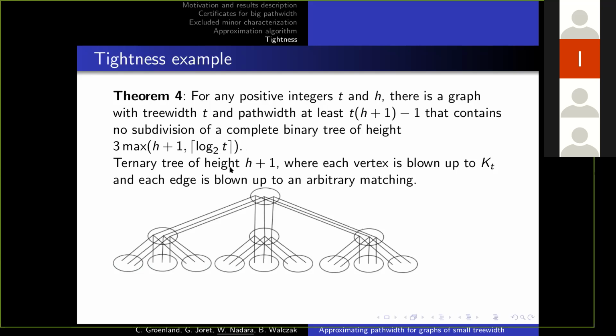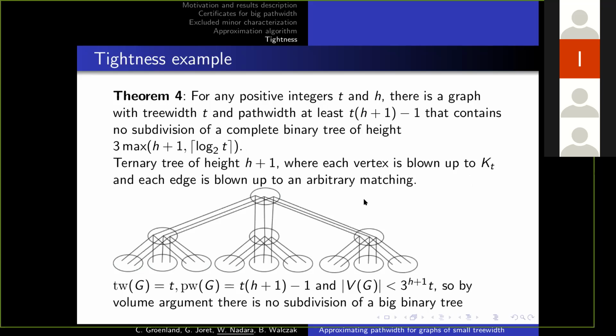The example that we want to show is a blow up of a big ternary tree, where each vertex is blown up to a clique, and each edge is blown up to an arbitrary matching. Such a graph has treewidth t, has a big pathwidth, and because of a volume argument, there is no big binary tree. So small binary tree, but reasonably big pathwidth.